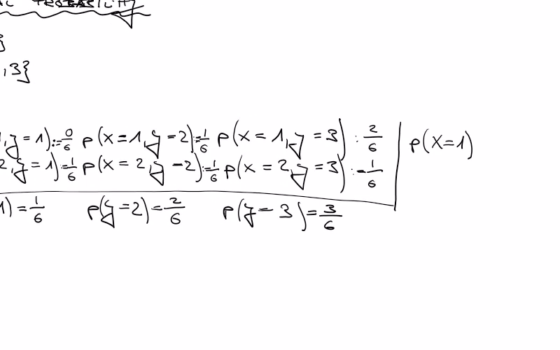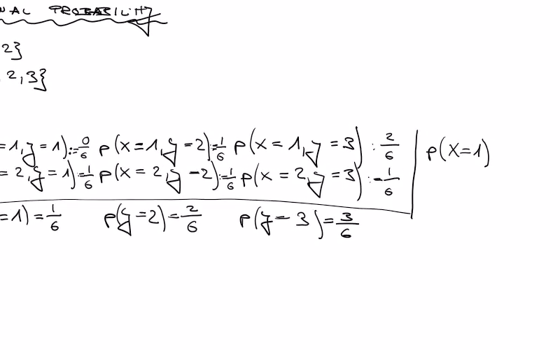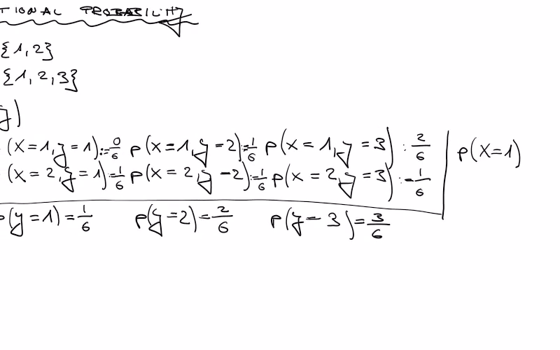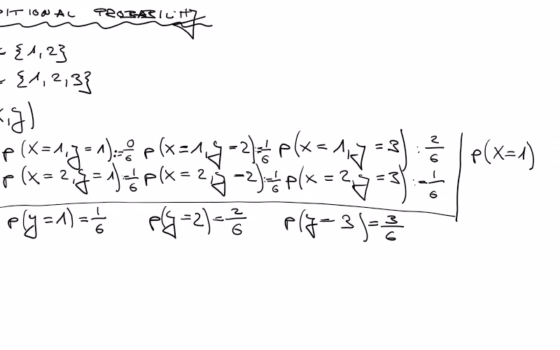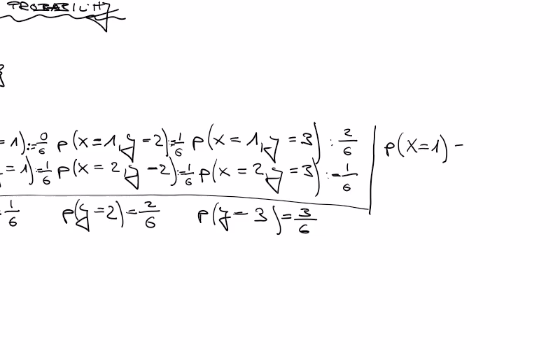No. Why 0 over 6? No, not quite 0 over 6, but why do you think 0 over 6? Well, 0 over 6 plus 1 over 6 plus 2 over 6, and that's 3. 3 over 6. Yeah, that's what you mean. Okay, but you said 0 anyway. Good. That's 3 over 6.